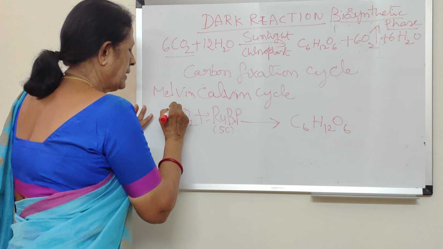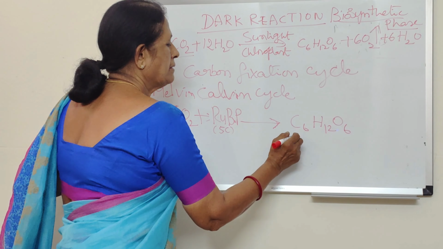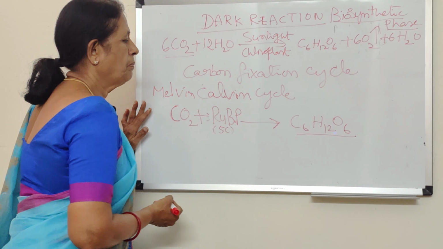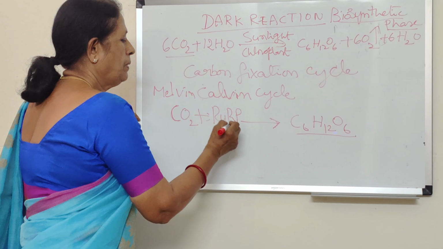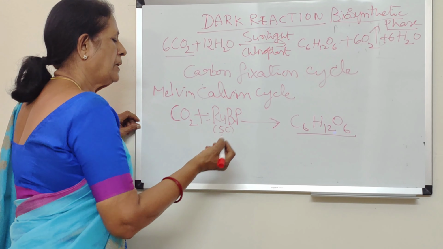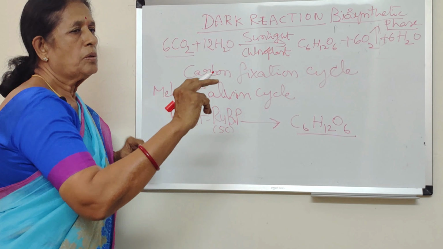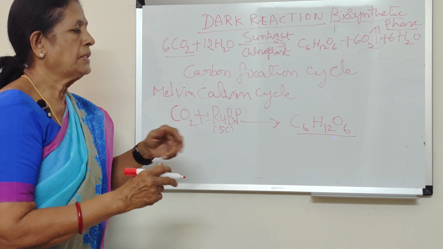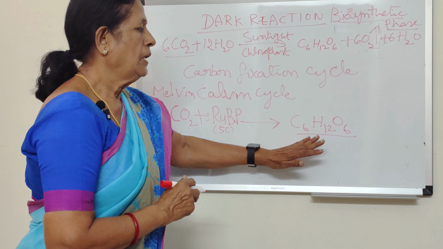The carbon which is present in the carbon dioxide is synthesized into glucose, a simple form of carbohydrate. This RUBP, ribulose biphosphate, takes up the carbon dioxide and undergoes a chain of chemical reactions and finally forms glucose.